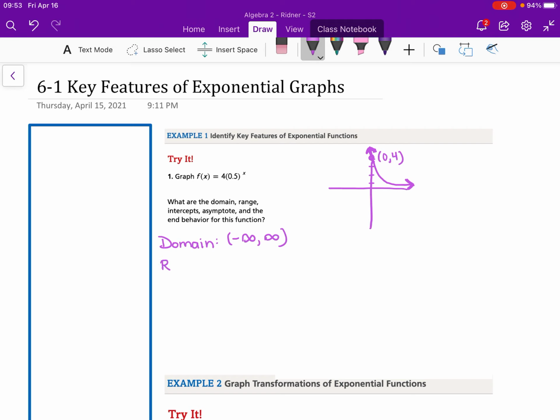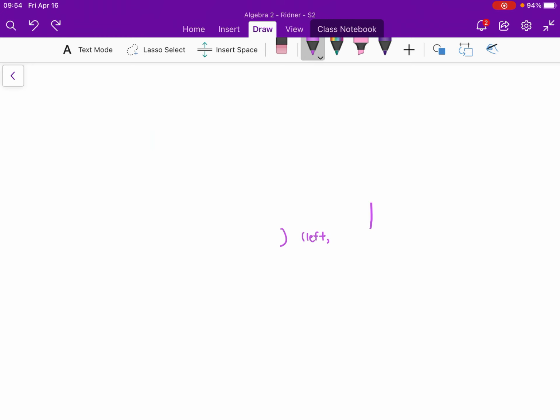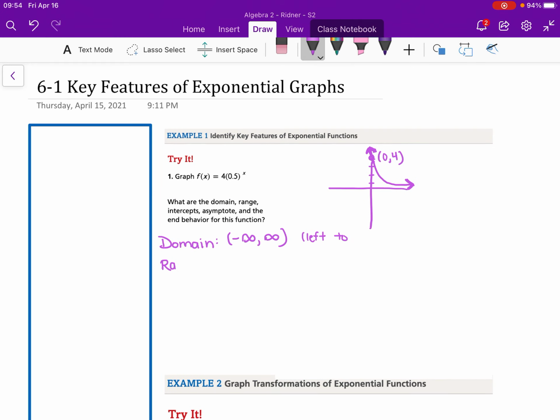Okay. So if you forgot what domain is, that's left to right. So range is bottom to top. So the very bottom of this graph mellows out at what we call an asymptote, okay?